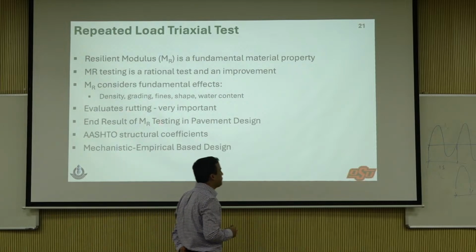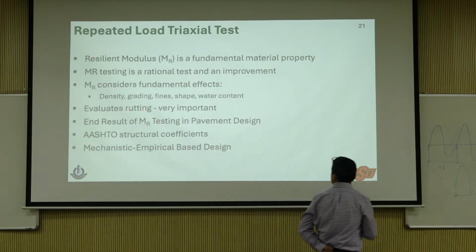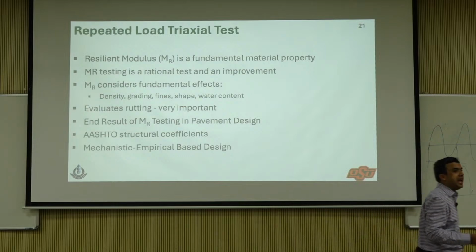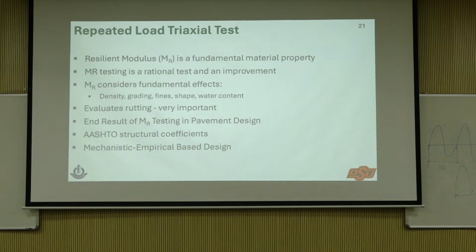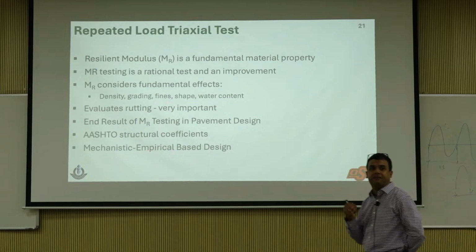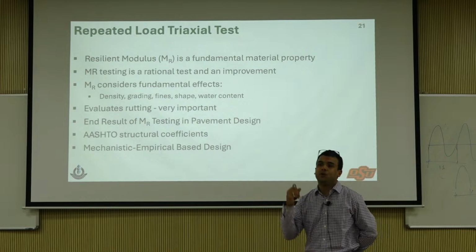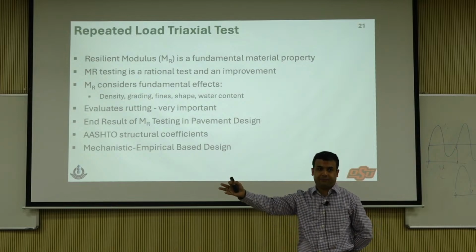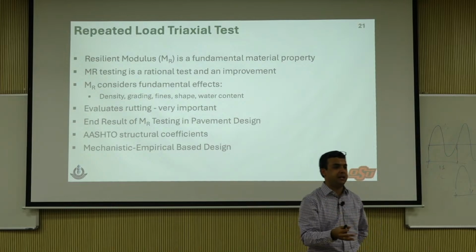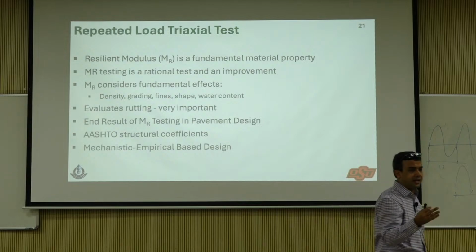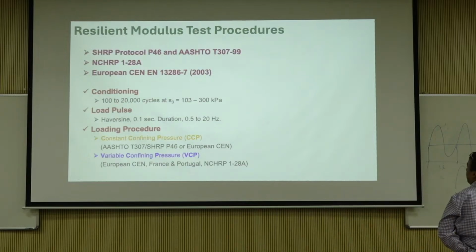It considers the effect of density, grading, fines, shape, water content, all of that. So you can actually represent your actual soil or your aggregate, and then you test based on that, right? And the end result is you should provide a value to your pavement design or your pavement rehabilitation, saying this is what you have, and then you go from there, right?